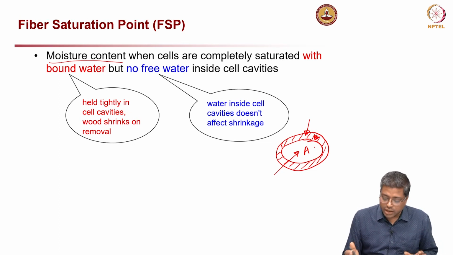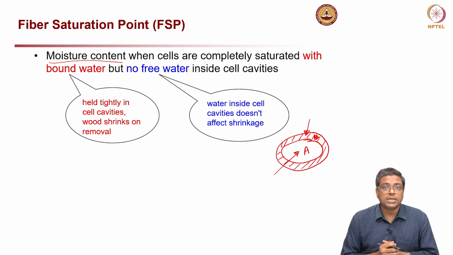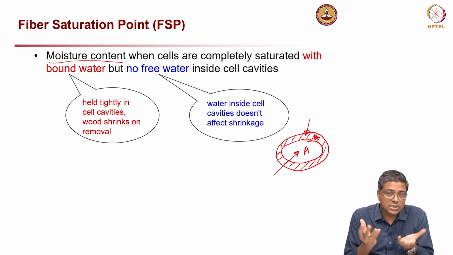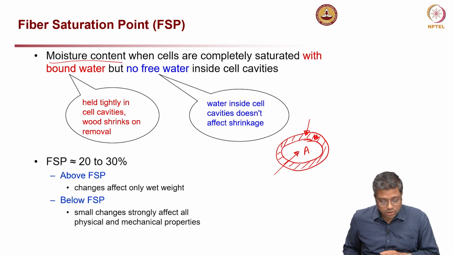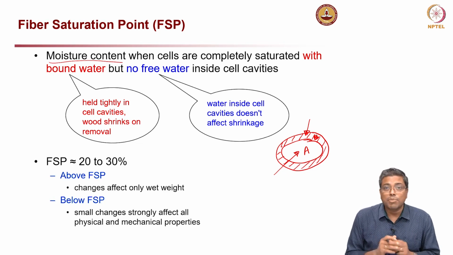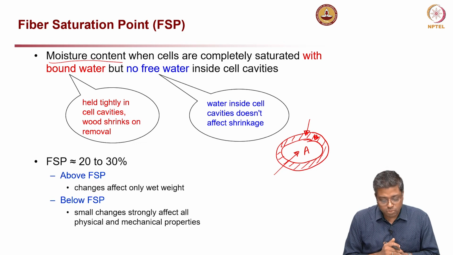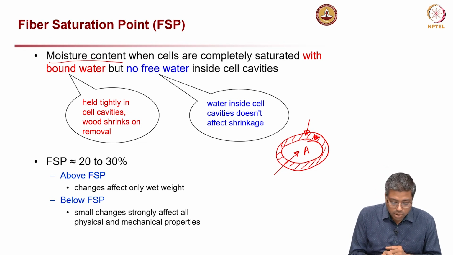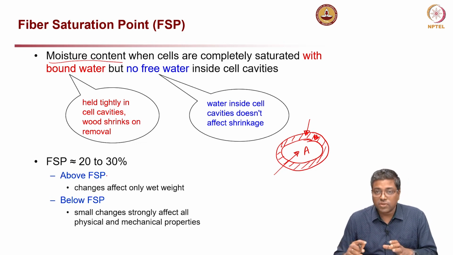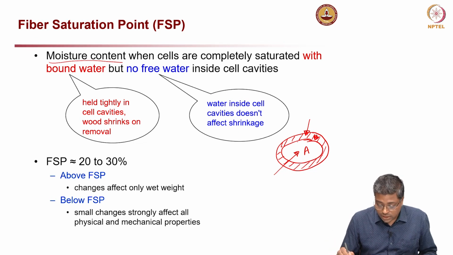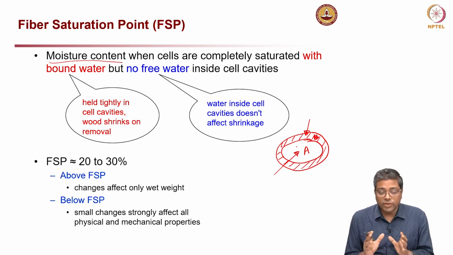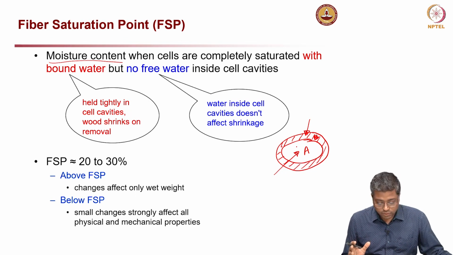after further drying, only the water in region B, that is the cell wall itself, will start evaporating. Now, FSP is about 20 to 30% for most wood. So above the FSP, if there is still water in region A, it affects only the weight.